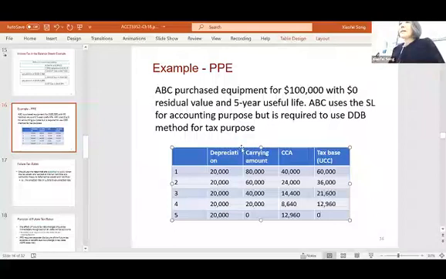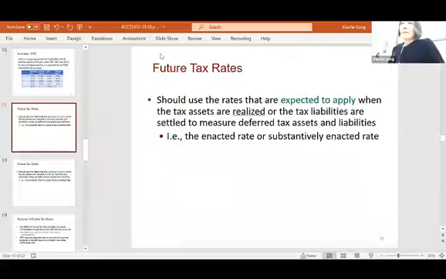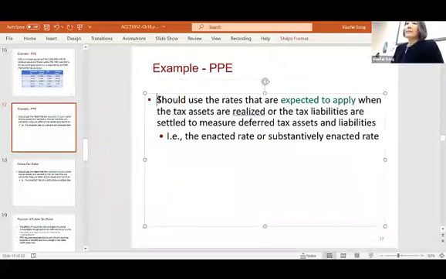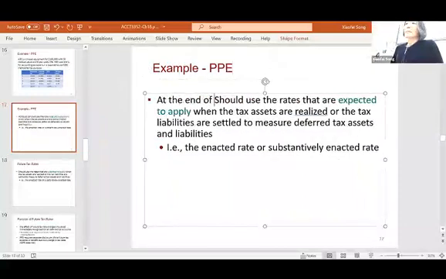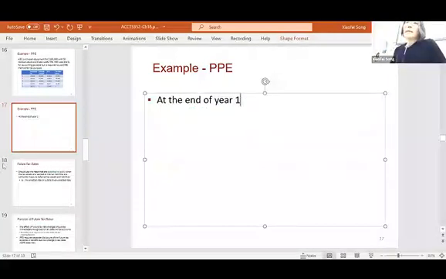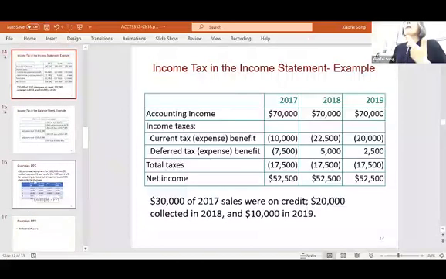Okay, so keep that in mind. Let's continue with the example of the PPE. We'll probably just do 1 year. So at the end of year 1, we have 4 years in the future.